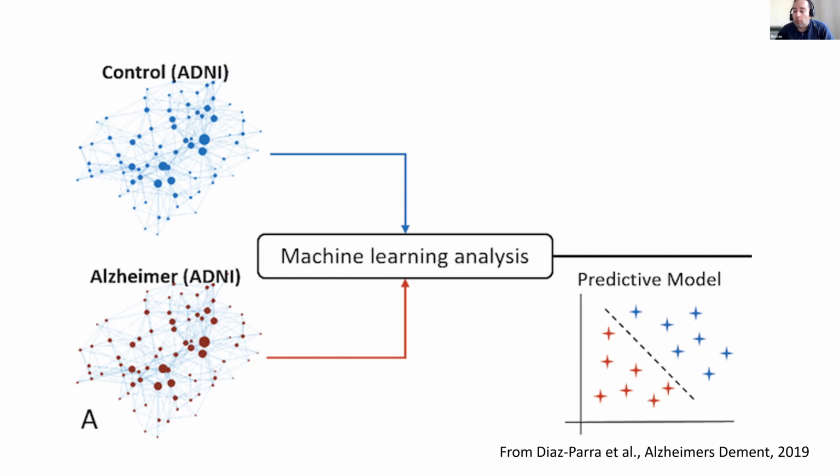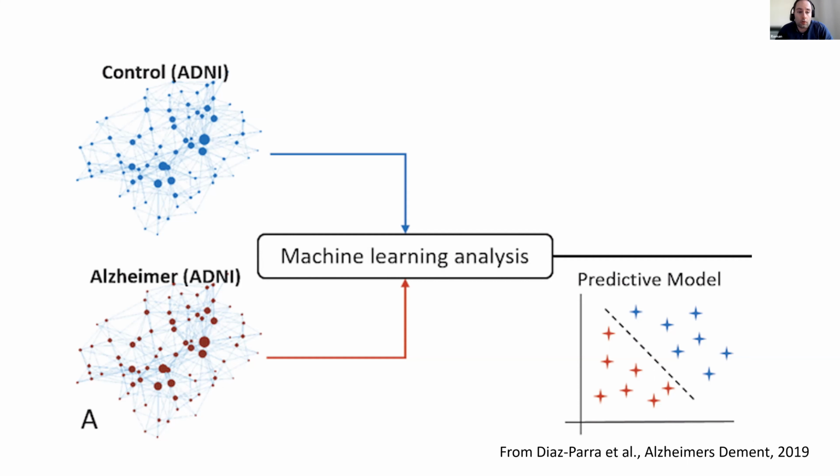And what we did is we used data from the database ADNI, which is a very well-established database for researchers who are interested in Alzheimer's disease, in order to essentially employ machine learning and see whether we can differentiate those healthy subjects, so control subjects, and subjects with Alzheimer's disease.